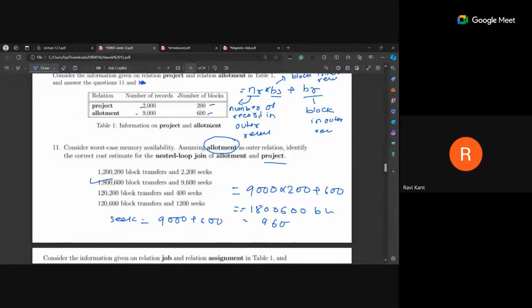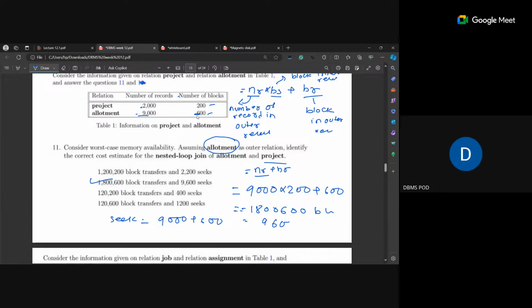It should be 200. The number of seeks is NR plus BR: the number of records in the outer relation and the number of blocks in the outer relation. So 600, right? Okay, both we have to take from the outer relation only.